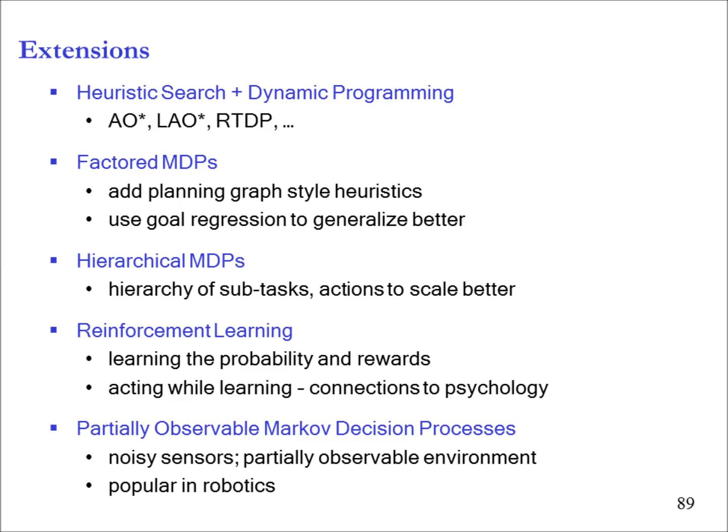So A star is for deterministic graphs. AO star is actually an intermediate algorithm developed in the 70s that is for these graphs, MDPs, but acyclic. And LAO star was developed in the late 90s, called loopy AO star, and that is when you have cyclic graphs. So that is one thing that you can do.